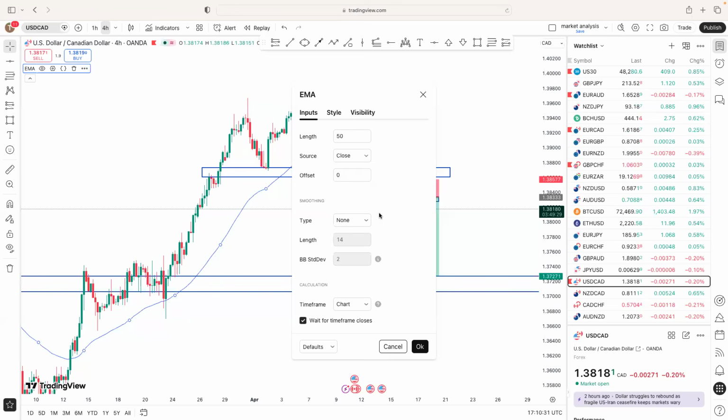Yes, a moving average is an EMA. You just change the length. On input, on the length, you just put 50. That's it. I never change anything. The other things are still the same. It's a 50 EMA. Okay, thank you. Okay, got it. Thanks, coach.